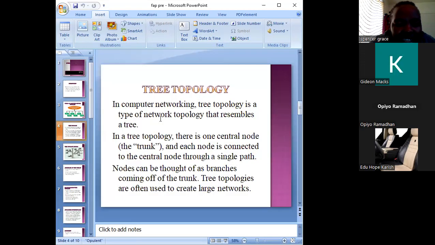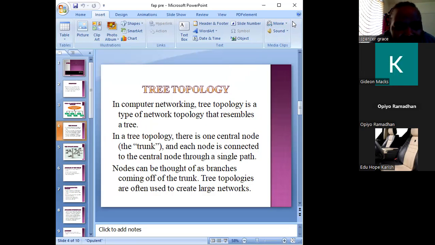So we are going to go straight to tree topology.